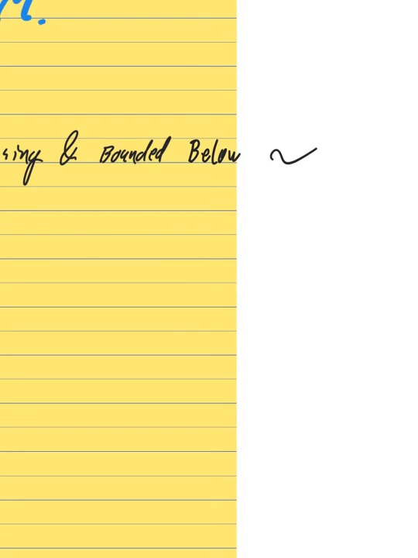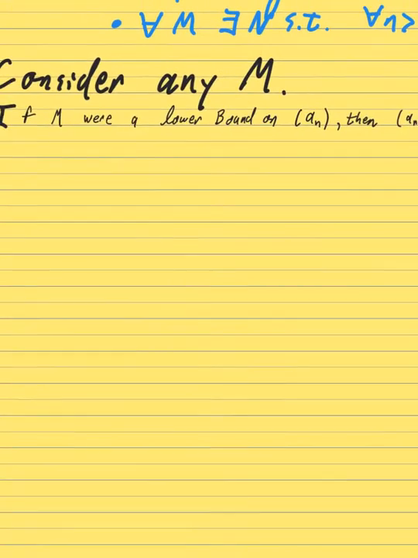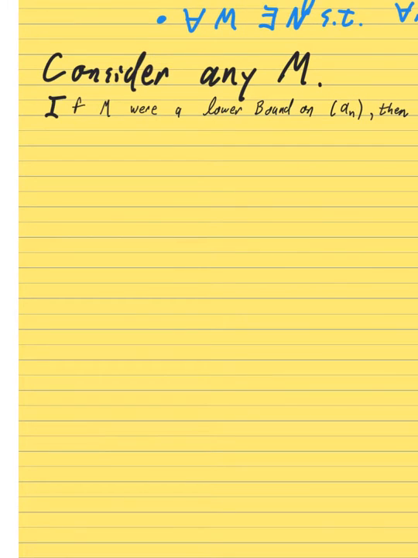Oh, can I write off the edge? I can. That's interesting. So because A sub n is decreasing and bounded below, by monotone convergence, A sub n converges.